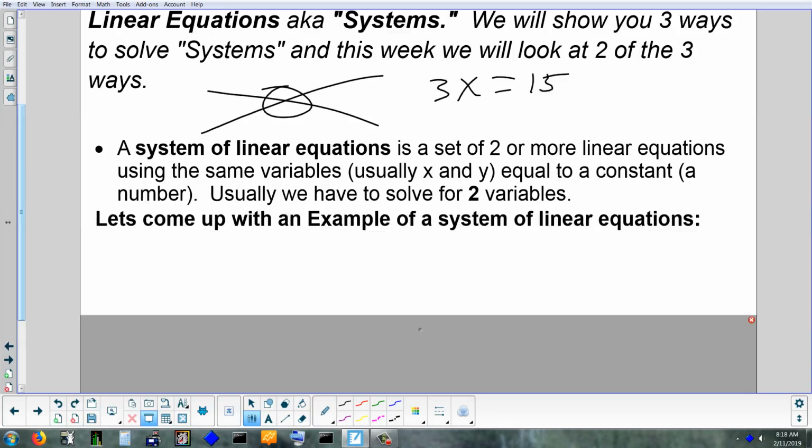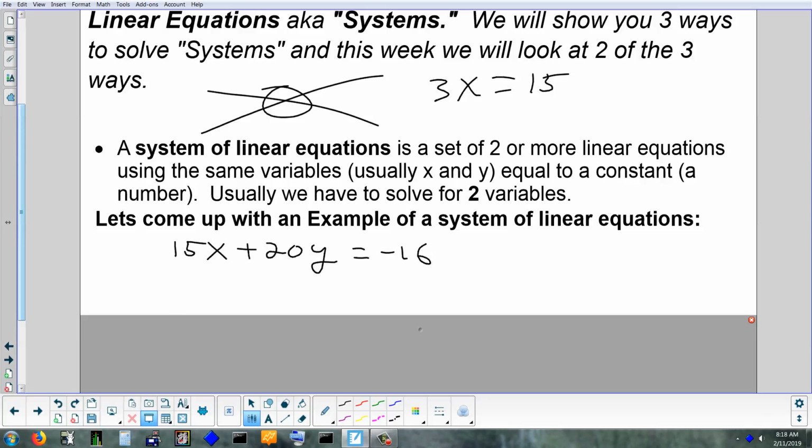Could somebody give me an equation that has x and y in it? It can be like the first one we did in the warm-up, where the y is already by itself, or like the second one, where the y wasn't by itself. Yep? 15x plus 20y equals negative 16.